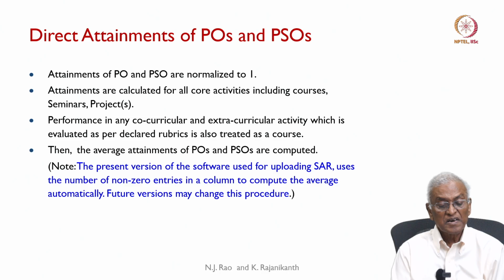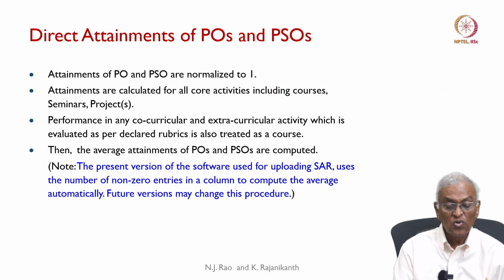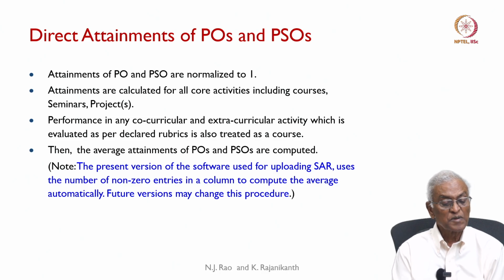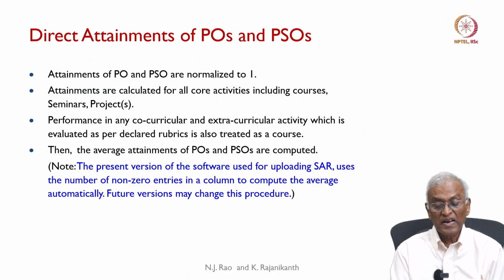Attainments are calculated for all core activities including courses, seminars, projects. Performance in any co-curricular and extracurricular activity which is evaluated as per declared rubrics is also treated as a course. You may say, one extracurricular activity, how can you call it a course?